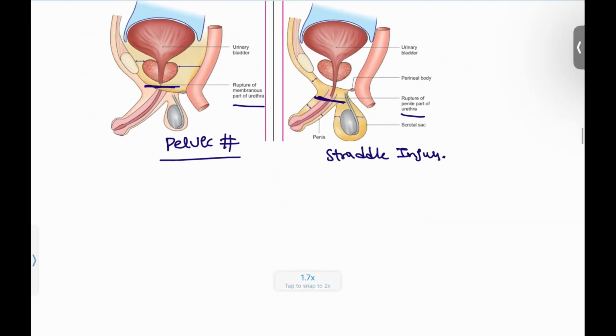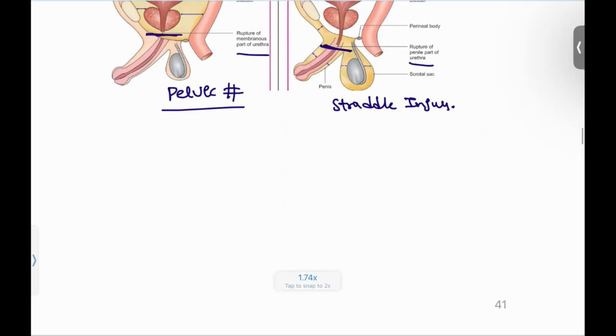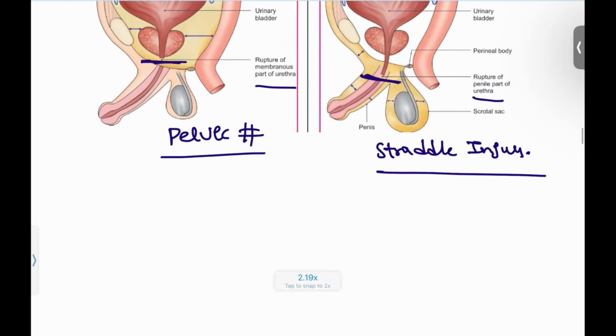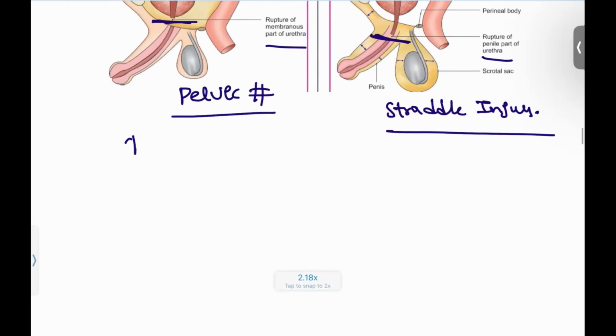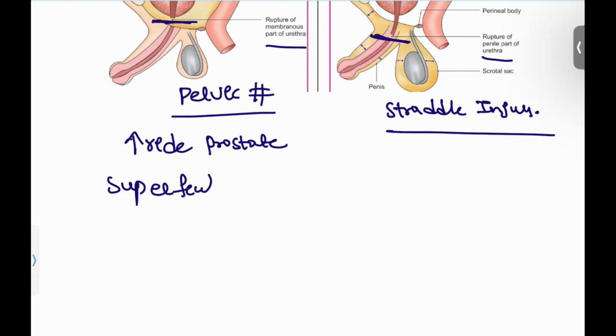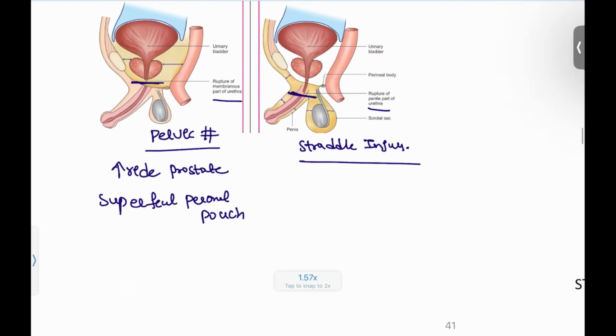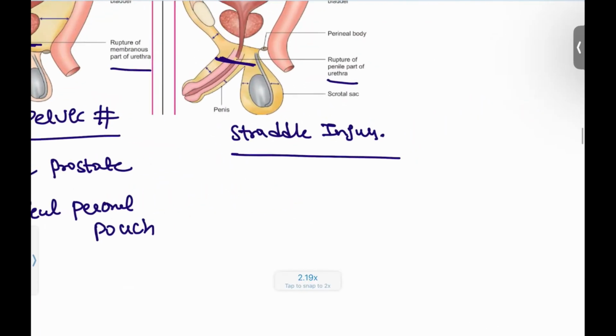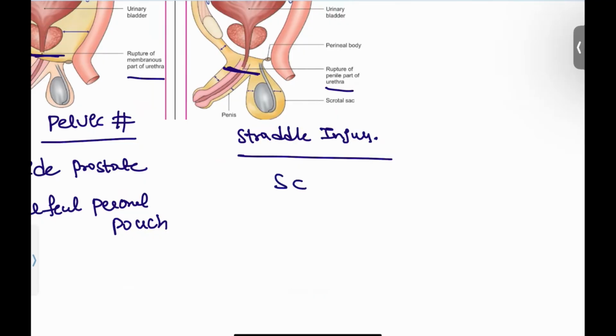So we have to know where the urine is going to stagnate, because that is the question most likely asked. In the membranous injury, the urine mostly goes upwards, into the prostate and the superficial perineal pouch. Only these two occur. In the straddle injury, it reaches the scrotum.